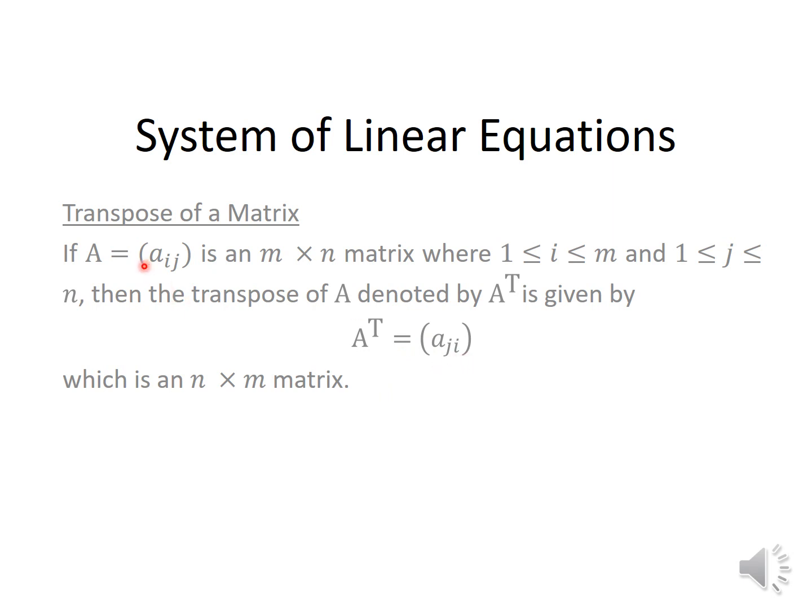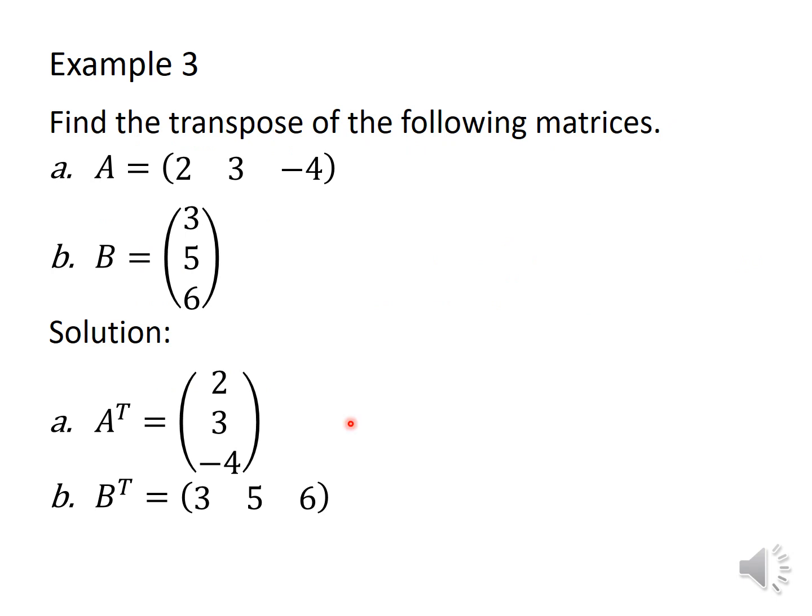Originally it is AIJ, which is an N by M matrix. Look at the example. For this example, find the transpose of the following matrices. You have A and B matrices.